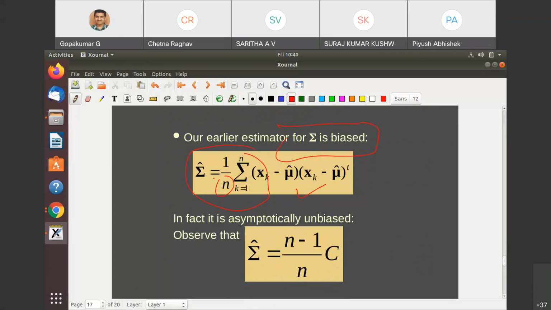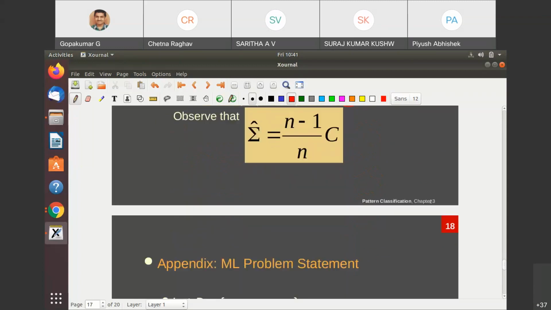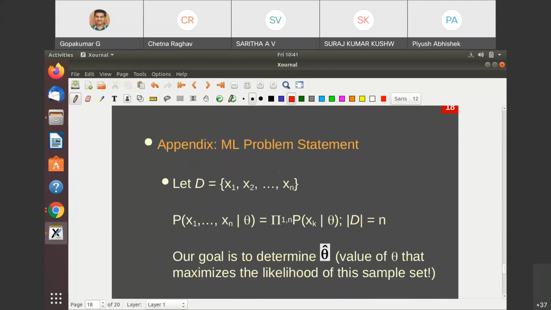By considering 1 by (n minus 1), there is no bias. But it is very insignificant when we have large values of n. That is one thing you have to keep in mind. So that is generally about maximum likelihood estimation.